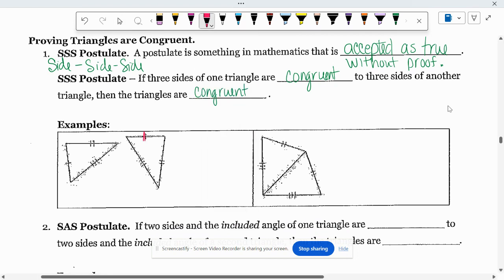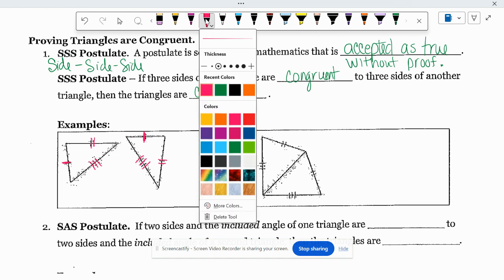This side is marked with one congruent mark, one congruent mark. Because they have one mark on each side, those are the corresponding pieces. 2 marks, 2 marks, 3 marks, 3 marks. So those triangles are congruent by side, side, side.